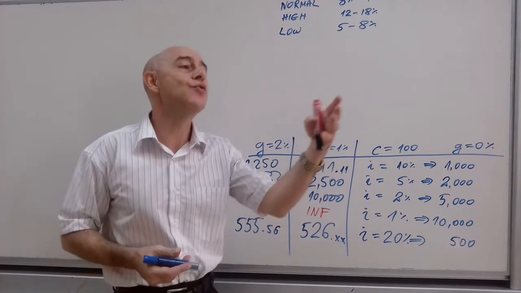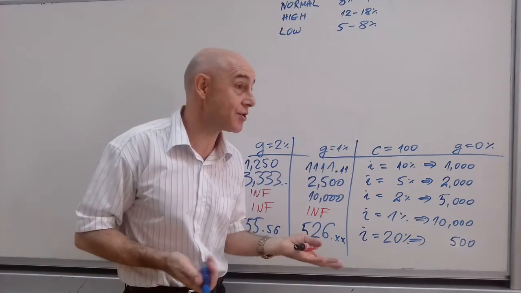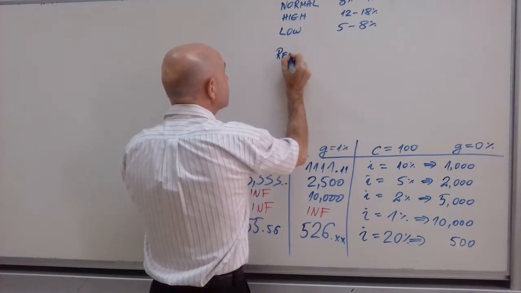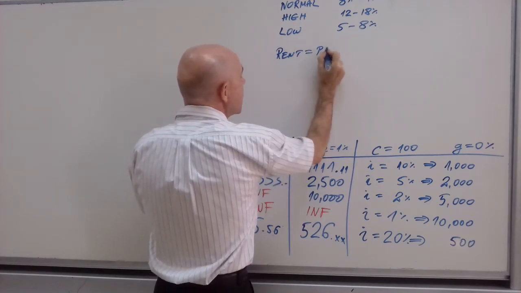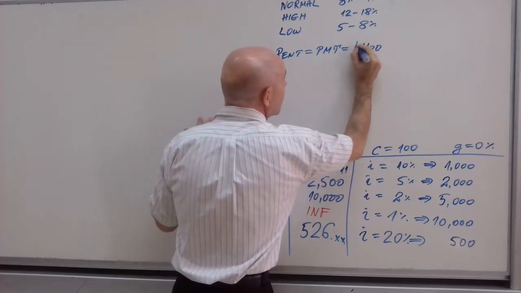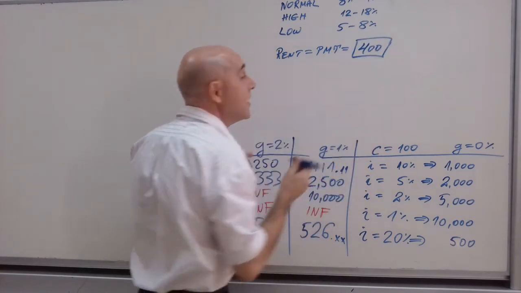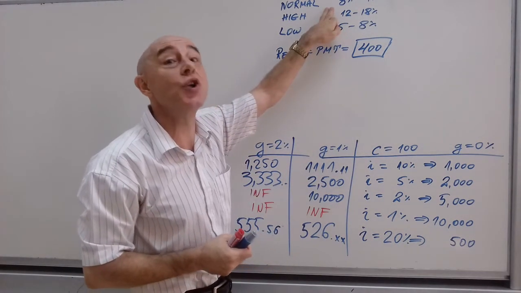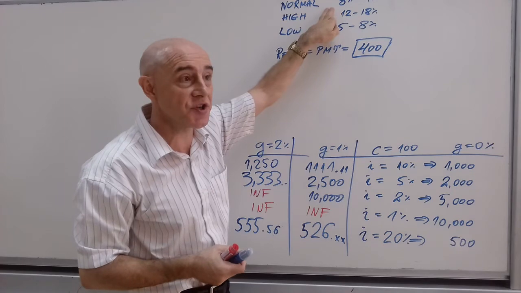Well, let's do 400 for slightly easier calculation. Okay, so rent. Rent is the same as payment. Let's make it 400.